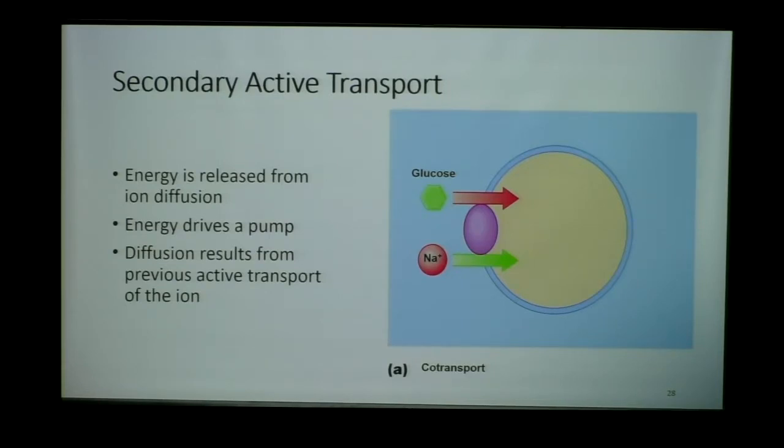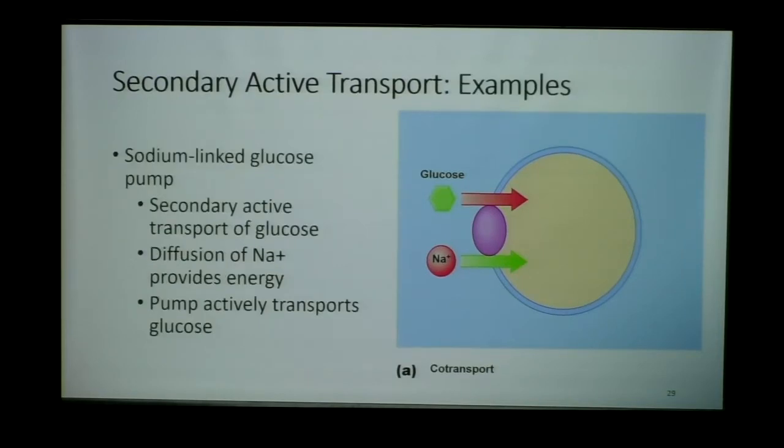We're basically taking the energy that's released as another molecule goes down its concentration gradient, using that energy to facilitate another ion in the case, or another molecule in the case glucose, that is moving against its concentration gradient. All right, so the energy that is harnessed from that movement drives the pump, which eventually moves the other molecule against its concentration gradient. Right?